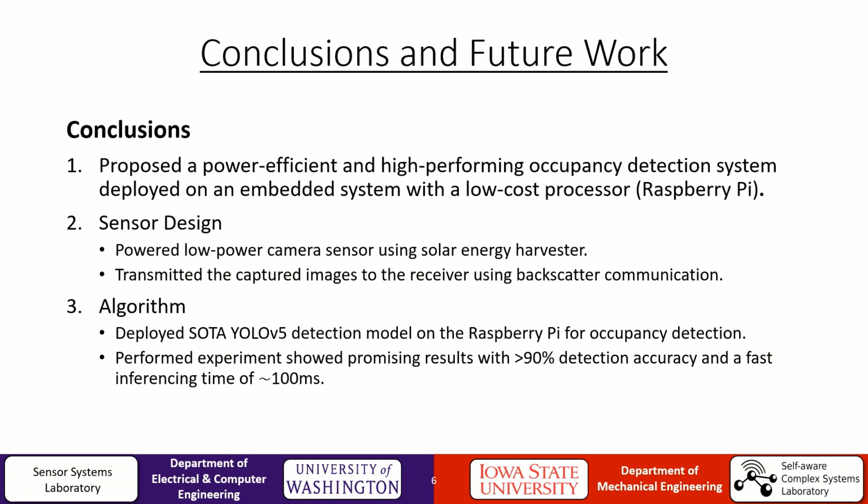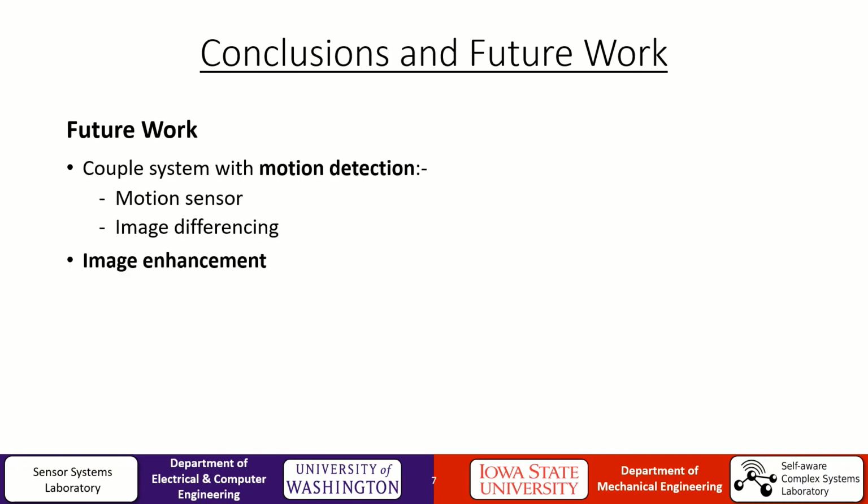In terms of the algorithm, we implemented the state-of-the-art YOLO V5 model on the Raspberry Pi, and we were able to achieve great performance with a low inferencing time. In future work, we will try to further enhance the system's performance by coupling it with motion detection, either by equipping motion sensors or implementing image differencing. Image enhancement is another direction that we will look into to further improve image quality for better prediction.